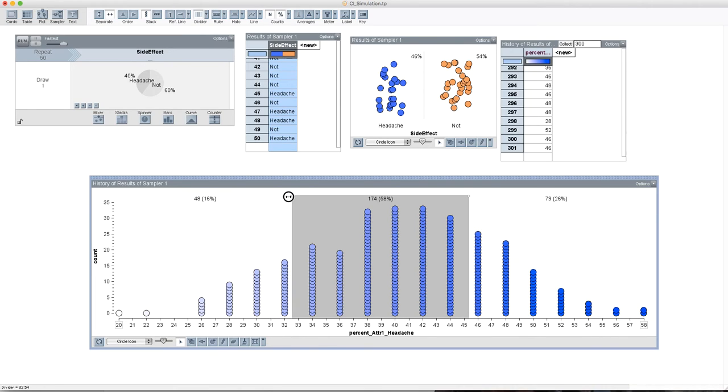So the standard is to get what's called a 95% confidence interval. So I'm going to drag my sliders out here until I gather a symmetric range that picks up about 95%. Okay, there we go. I got 2% and 3%, so I got 95 here.